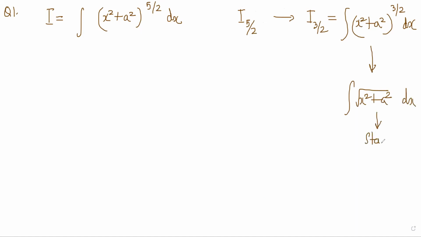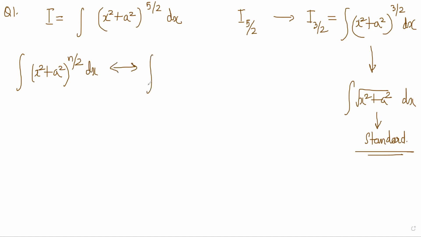This is standard, right? So in order to do that, what I need to do is basically say that this integral (x² + a²)^(n/2) needs to be connected to the integral (x² + a²)^(n/2 − 1), right? If I can figure this connection out, then my question is done.